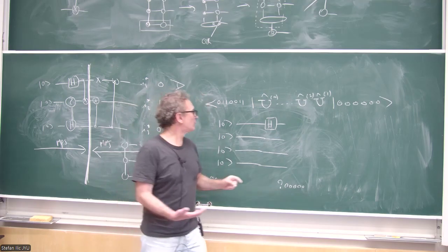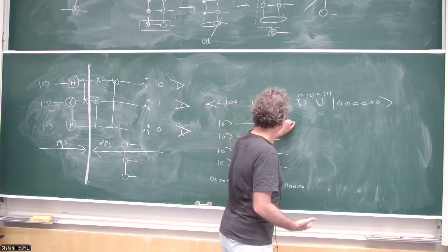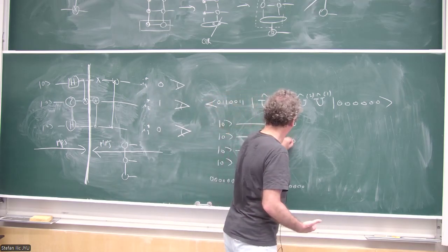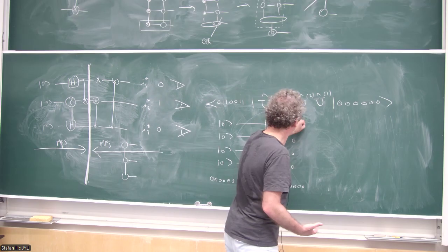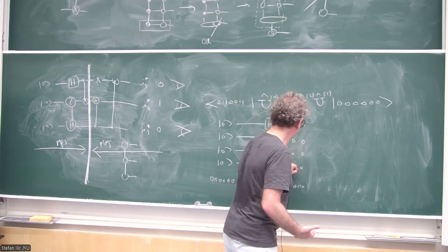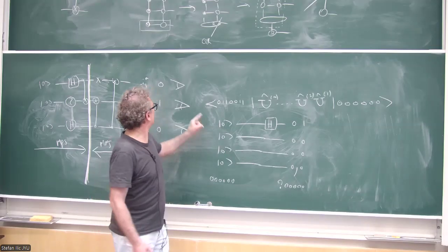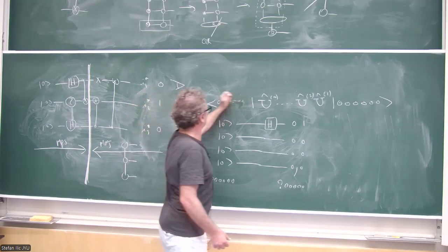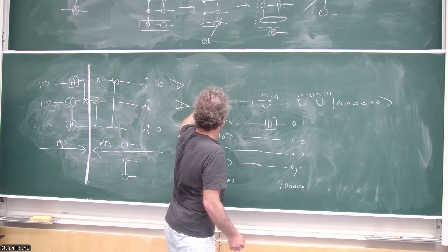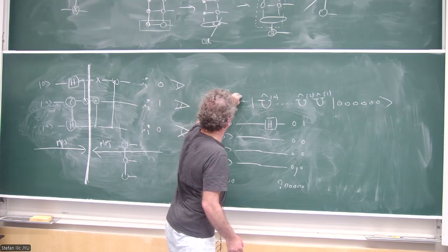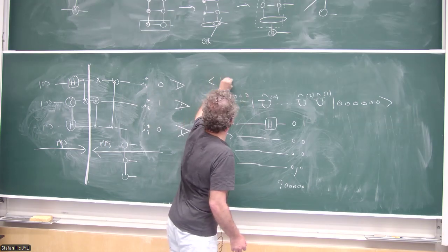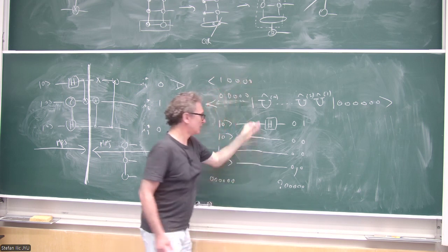So I need to calculate 0, 0, 0, 0, 0 and 1, 0, 0, 0, 0, these two amplitudes.